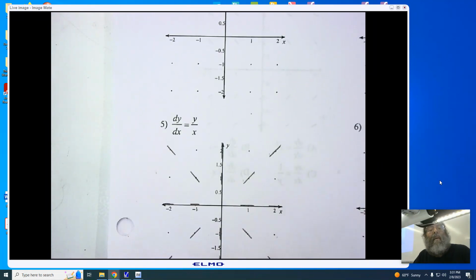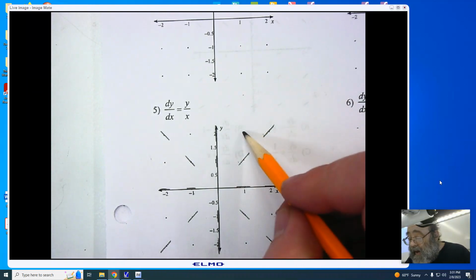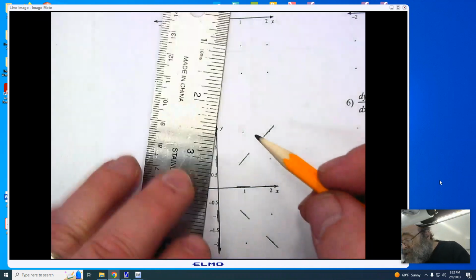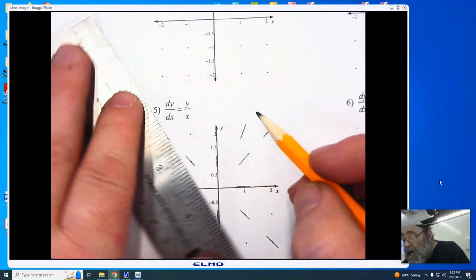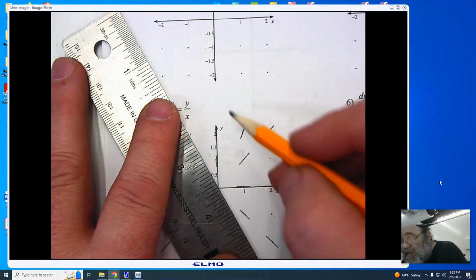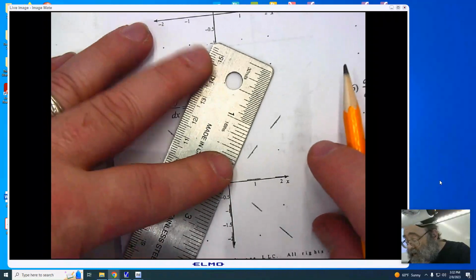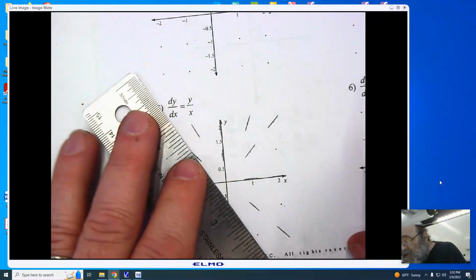Alrighty, here's my slope field so far. I'm now going to have to try this point here. Notice it's 1, 2. That's a slope of 2. Over on this side, negative 2. Positive 2. Negative 2.